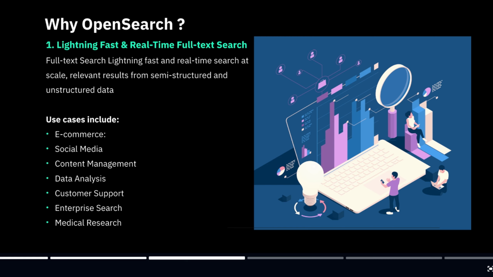It provides very fast and accurate search functionality for enterprise-level applications such as search engines, document management systems, knowledge bases, and the seventh one is medical research. It can be used to search through large volumes of scientific literature, helping researchers to uncover new insights and trends in the field.